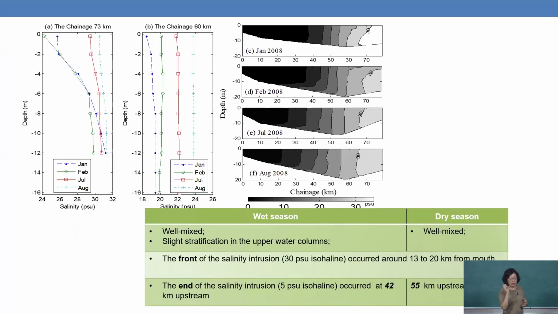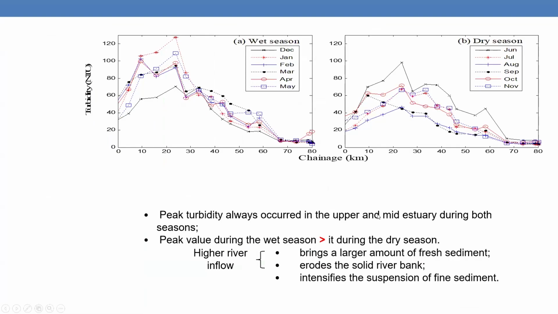By using the MIKE model, we are able to get the analysis as well. Not only the measurement data, we are able to get the vertical profile of all those parameters you are looking at.